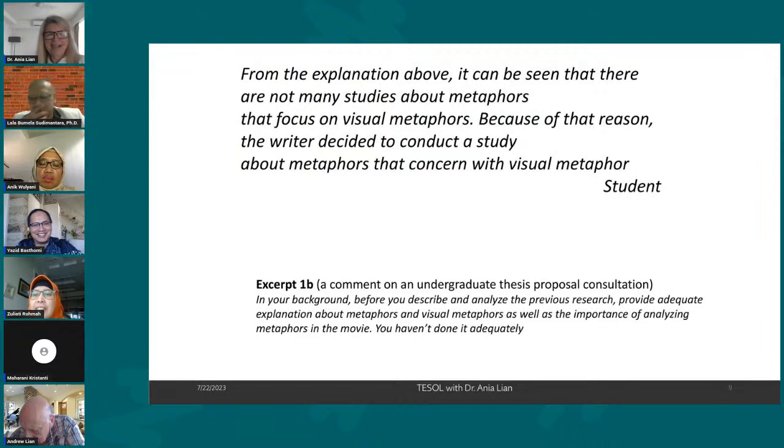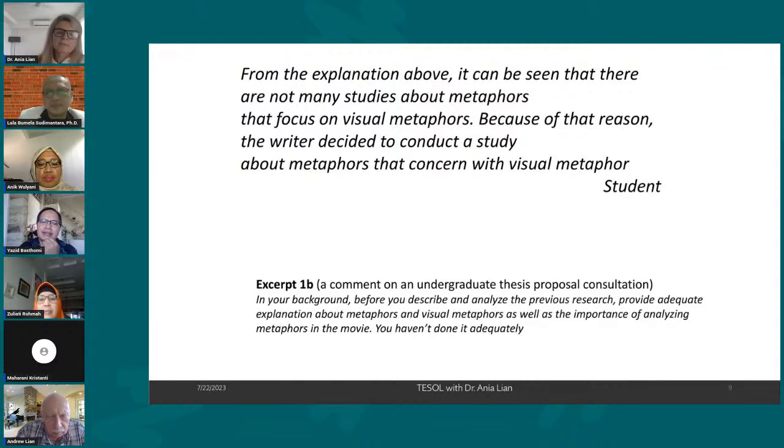That's true. So I guess this comment, to some extent, would be misleading in a way. But in the following step of consultation, what we need to do is to adjust this comment to mean that, in the review of relevant previous studies, the students need to make sure that they review points which are the research variables.